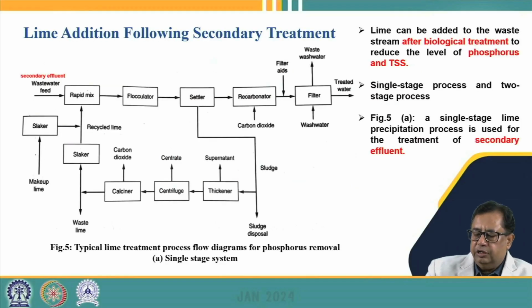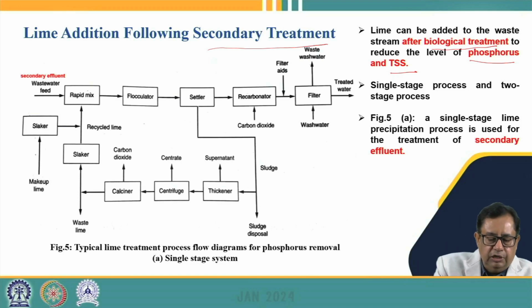So we can see here that the lime can be added to the waste stream after the biological treatment process. When we are using the lime after the secondary treatment, we can remove the phosphorus and the total suspended solids. This process can be either a single stage process or a double stage process.